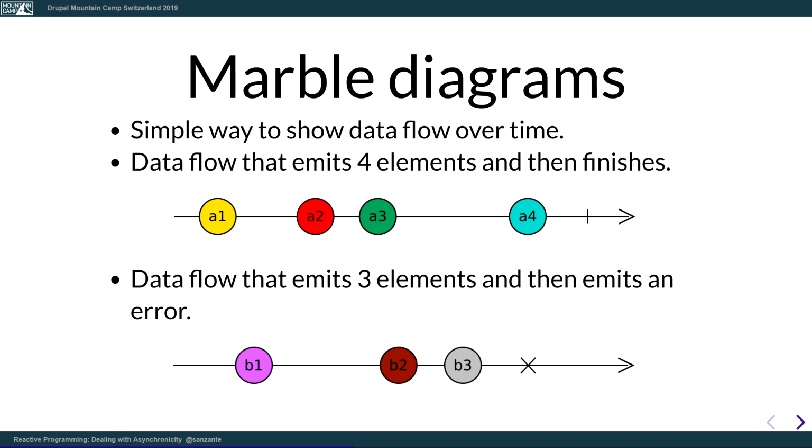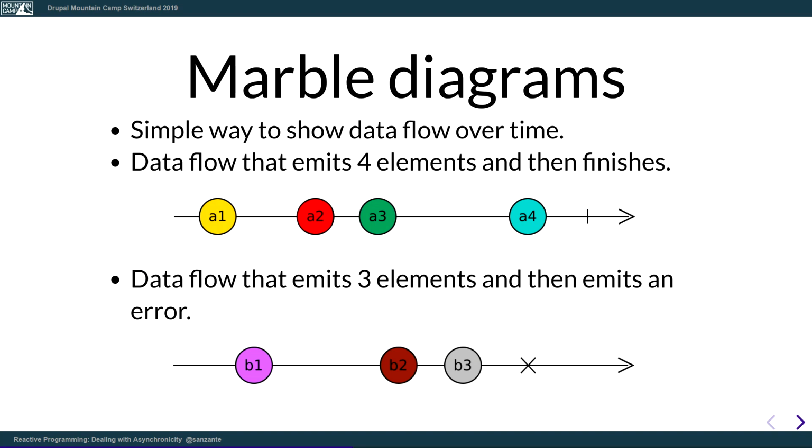The observables change over time, so they are difficult to visualize. Because of this, we have the marble diagrams. It's a way to express how observables are behaving. Okay, a marble diagram is something like this. It's a simple way to show the data flow over time. The first example is just an observable that emits 4 values.